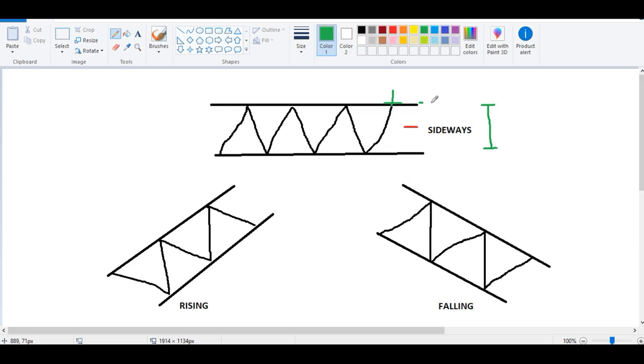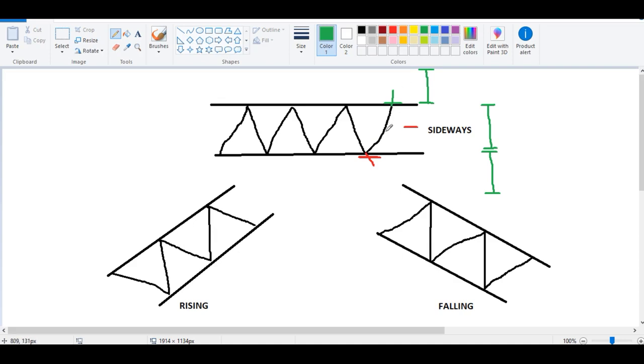So we add that to the top and that becomes my target towards the top. And simultaneously, we can take a sell trade if the channel breaks towards the bottom. So we will enter on the breakdown, stop loss will be midpoint, and target will be the same thing, the distance of the channel. So this is the first way we can trade a sideways channel, which is a breakout.